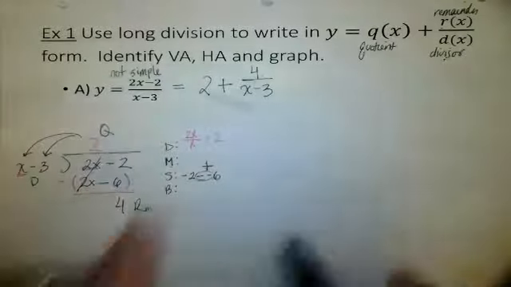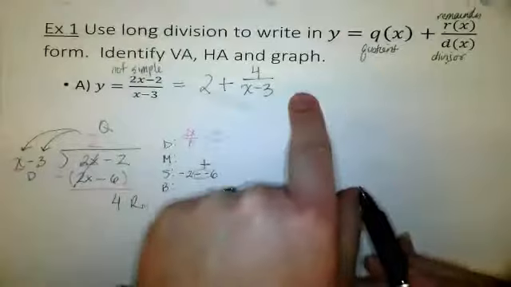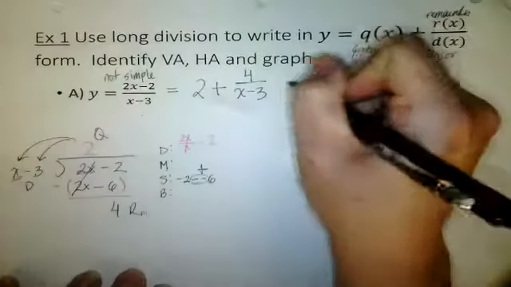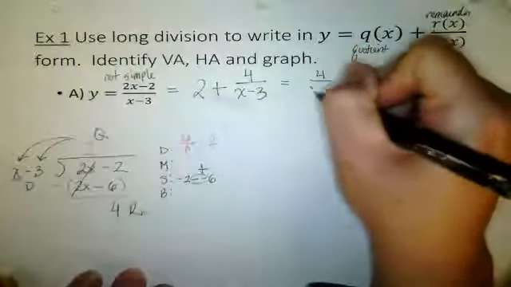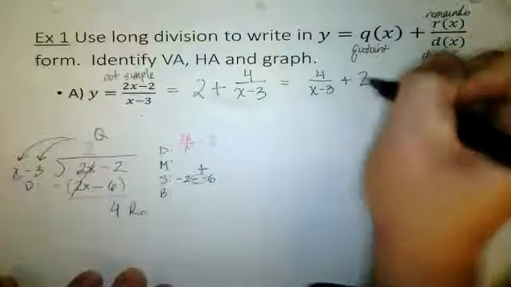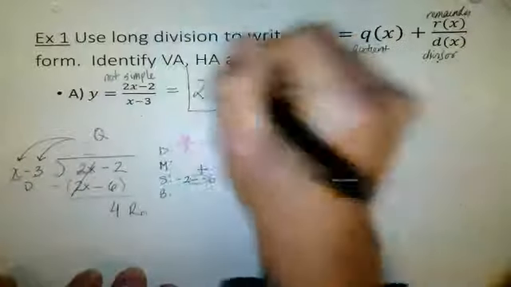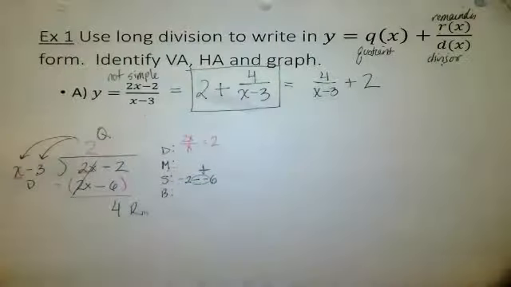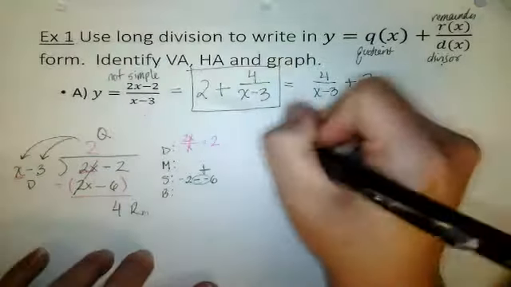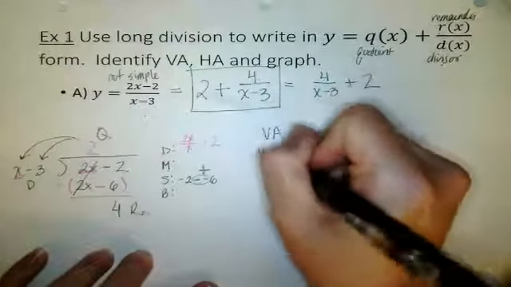The only difference is, was the 2 in front or was the 2 at the end? Yesterday it was at the end. So however you want to write that, all right, I don't care. But this is how I'm going to go with it today. Same thing. So we did long division to simplify the form into what we did yesterday, which is kind of cool. So now vertical asymptote, horizontal asymptote.